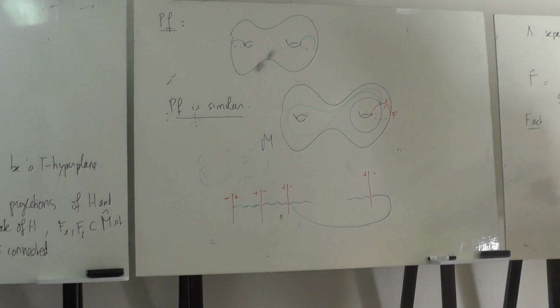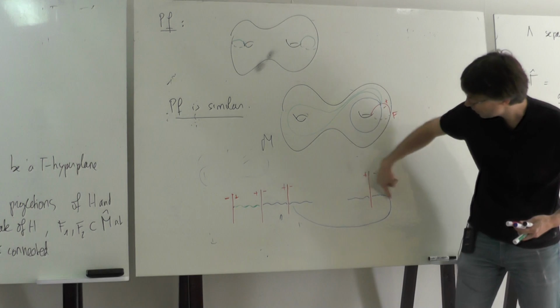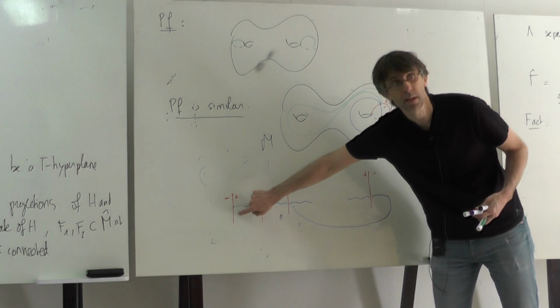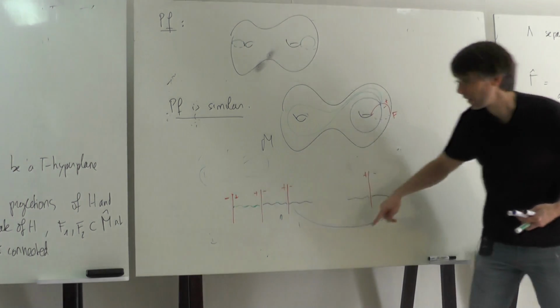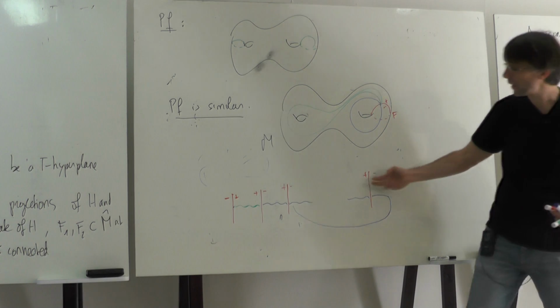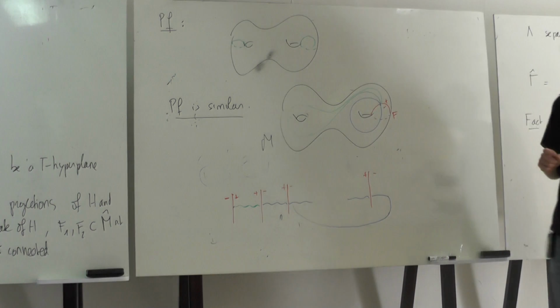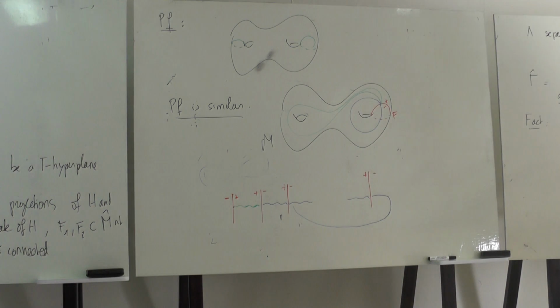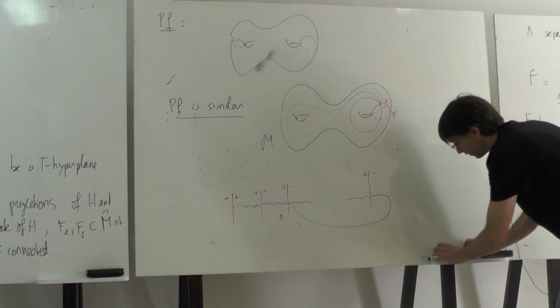And the good point is that you find this blue curve that does not intersect the first lift here, and that has intersection 1 with this one. And that gives you that the union of these two does not disconnect the surface.